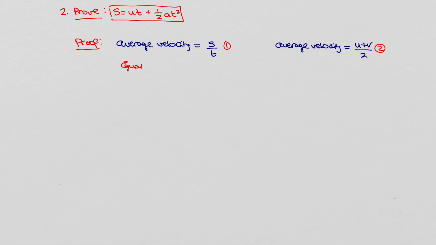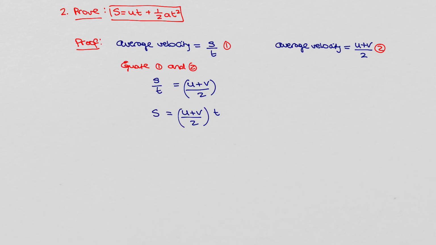So if we equate these two equations, we end up with s over t equals u plus v over 2. So if I try and isolate s on its own, I need to multiply both sides across by t, which gives me s on the left-hand side and u plus v over 2 times t on the right-hand side.